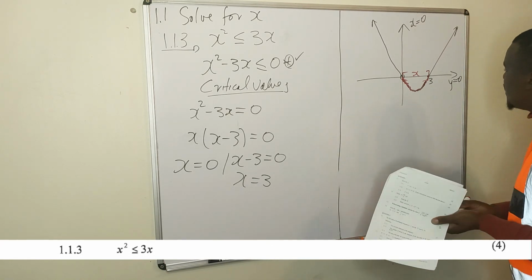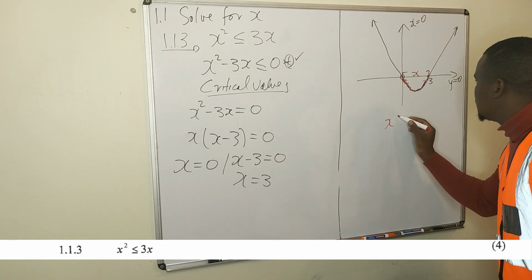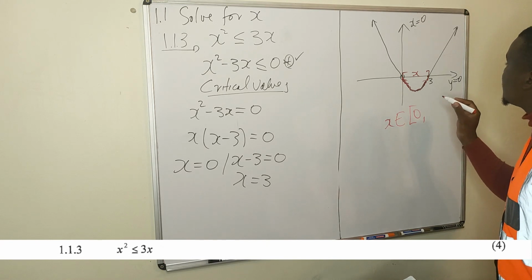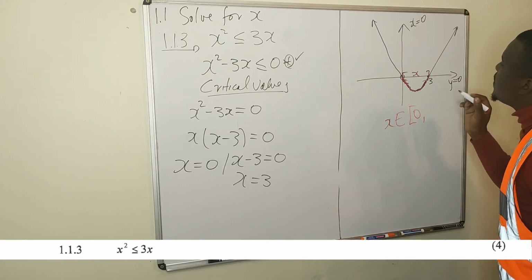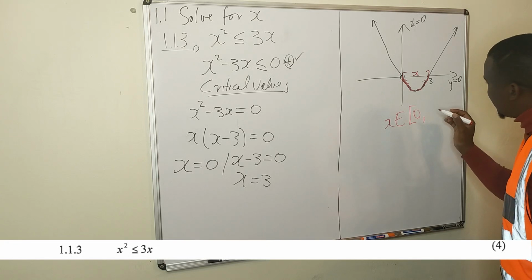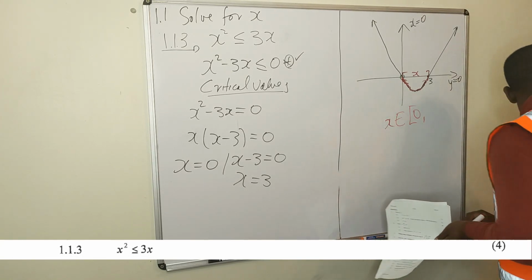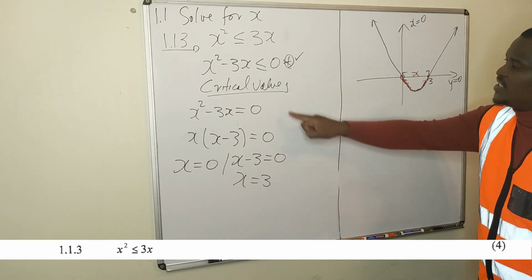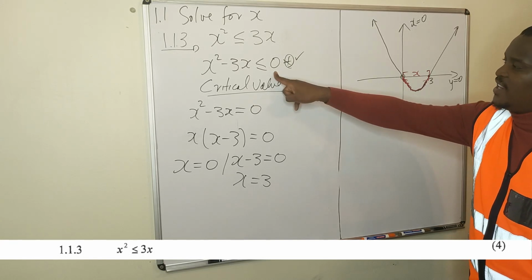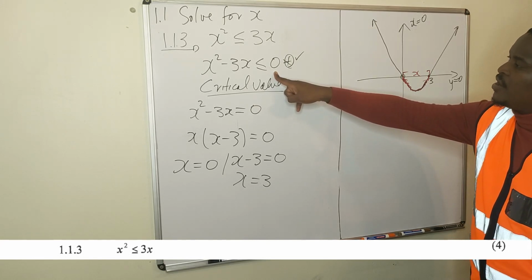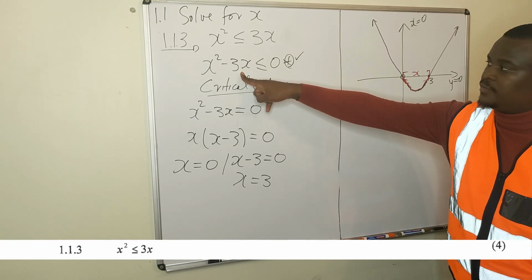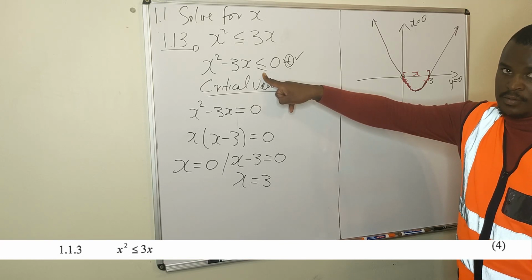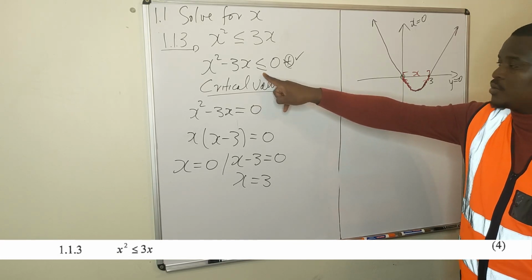So the question says find the values of x for which this graph is non-positive. Non-positive means less or equal to 0.